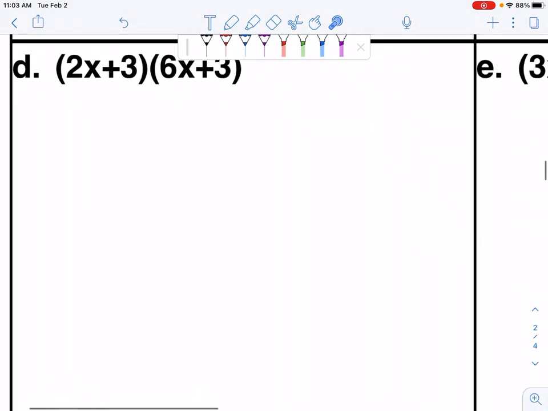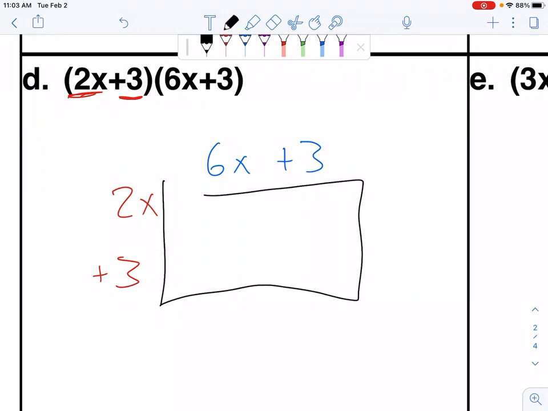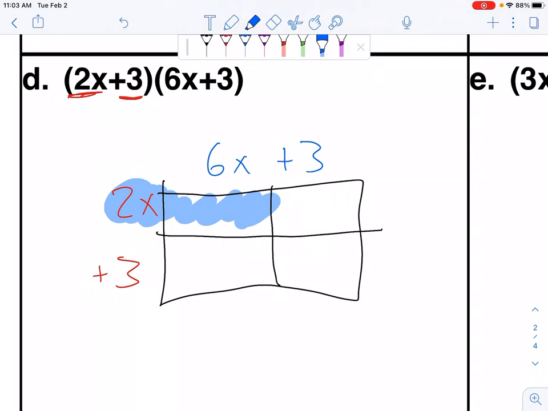So I'm going to show you another example here. I have 2x and 3, and I have 6x and 3. And if you want to write the signs, you're more than welcome to do that. And we're looking at, okay, what would happen when we multiply 2x with 6x?